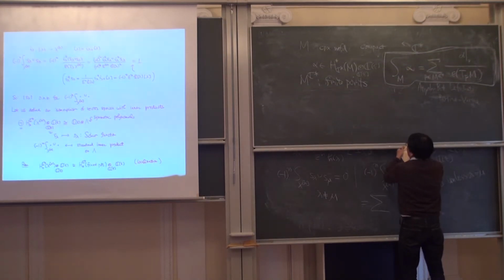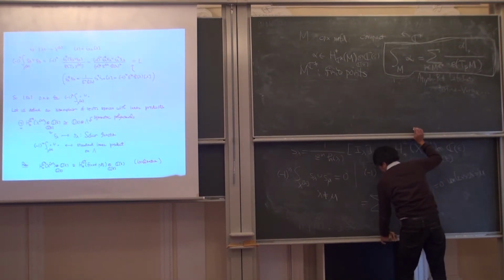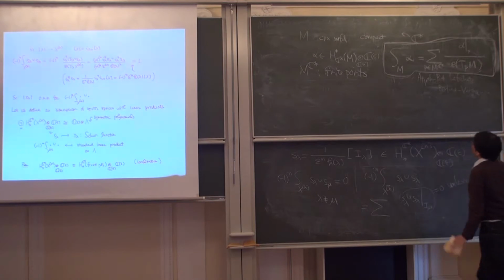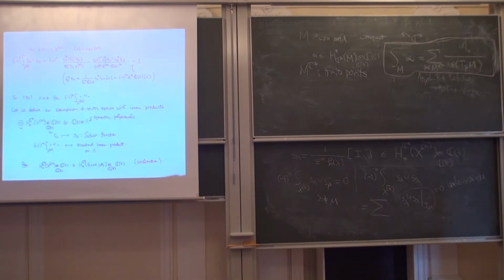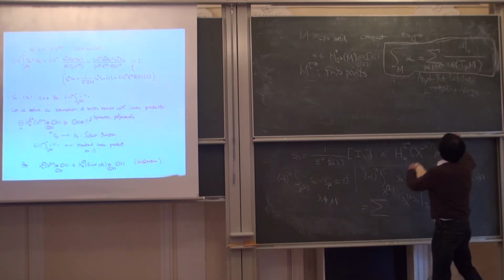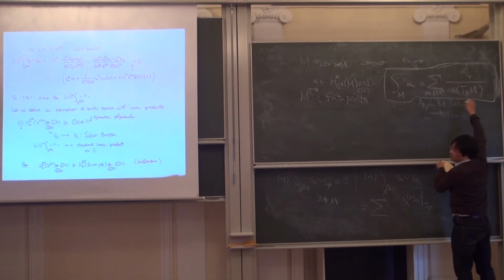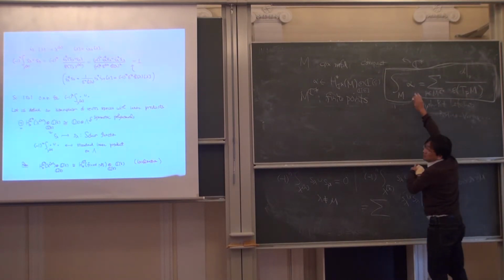But anyway, I don't want to go into this so much. So you just imagine that after some modification, this is true. Even the left-hand side doesn't make sense if M is not compact. So anyway, I formally use this right-hand side as a definition of the left-hand side here.